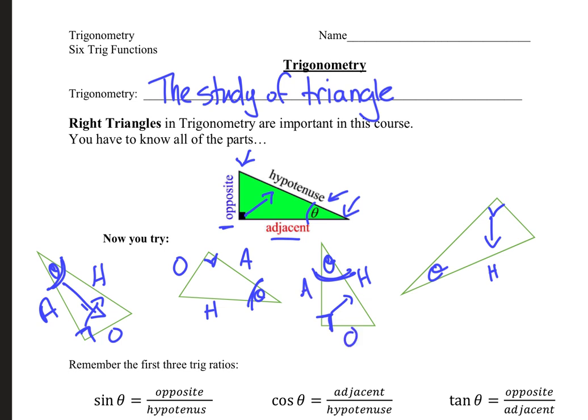But if I switch this around and say I want this to be theta, the hypotenuse is going to stay in the same place because the right angle doesn't change. But this is the angle, this is the right angle, so now this is the adjacent, and this is the opposite. So just be wary. Make sure you pay attention to what angle you are talking about when you're looking at these right triangles.